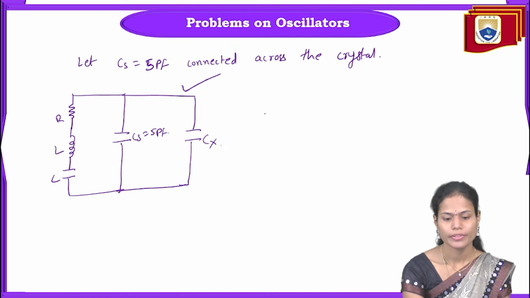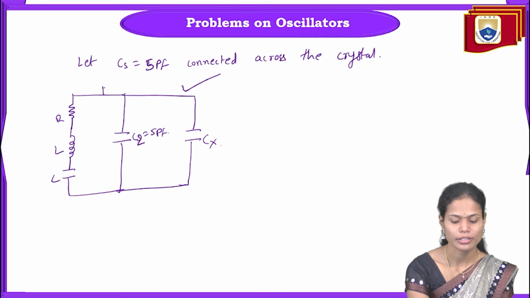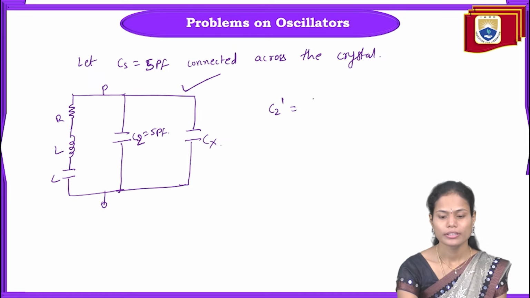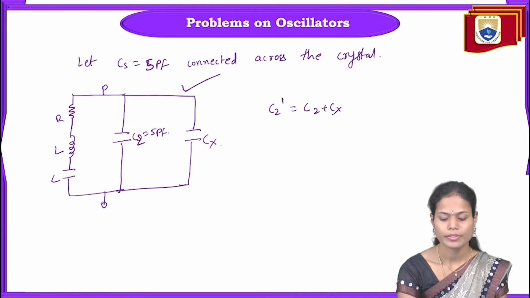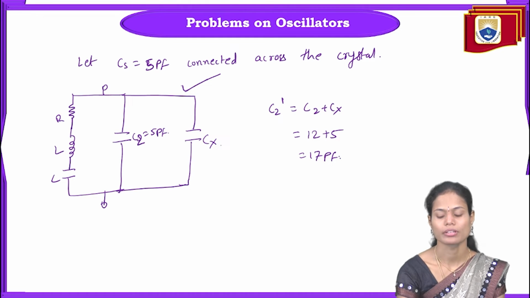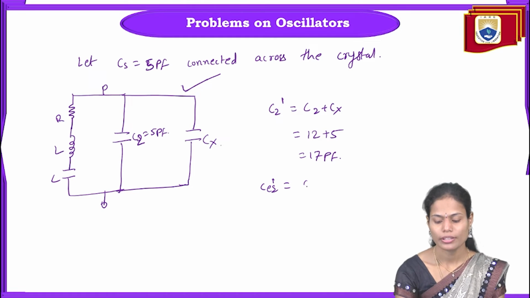So here from this I'm taking it as C series or C2 capacitance, anything we can take. So to calculate this C2 value, that is C2 plus crystal capacitance Cx here. The second capacitance value is given as 12 picofarads, and the Cx capacitance here is 5 picofarads. So total it is 17 picofarads here. So then again, if we calculate C equivalent from this, we can write it as C1 C2 dash by C1 plus C2 dash.